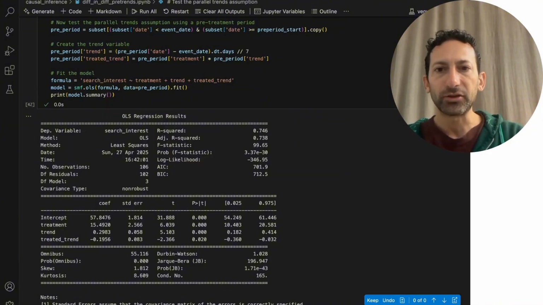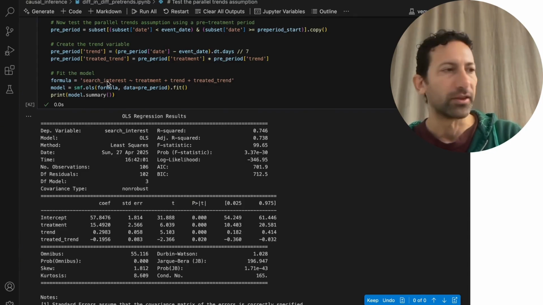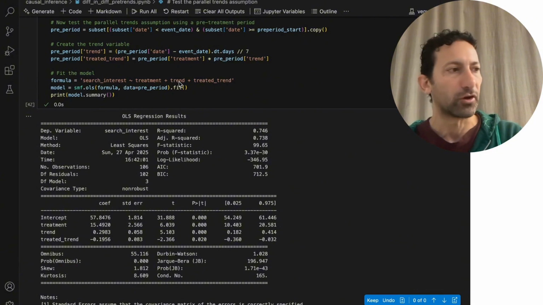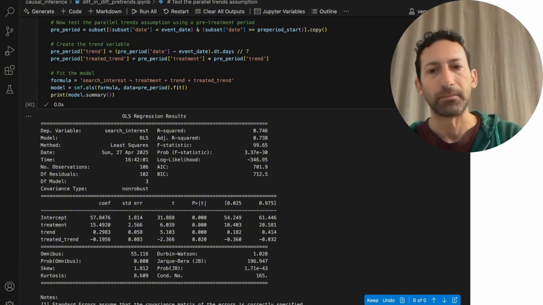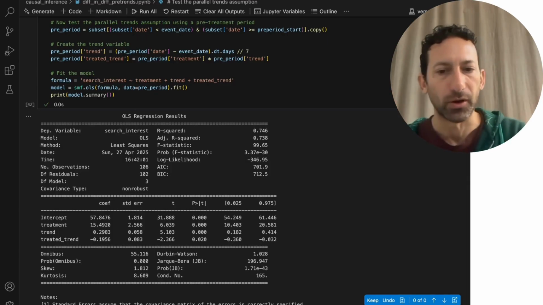I then interact this trend variable with the treatment dummy, and run a linear regression of the KPI, the outcome of interest, on a dummy for treatment, the trend, and then the interaction of treatment times trend. Sorry, that trend is not a dummy; it's a continuous variable, discrete 1, 2, 3, 4, and so on.